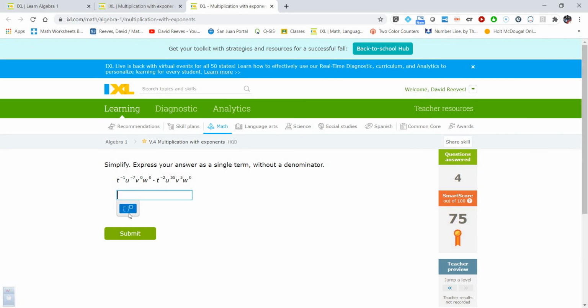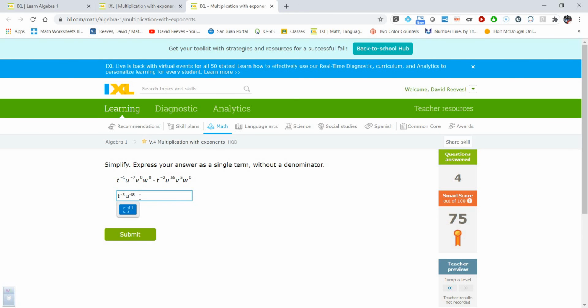Let's see if I can remember that. We had t to the, what was it? Did I have -5? Because it sure looks like it's supposed to be -3. Whoops, Mr. Reeves. T to the -3. -1 and -2, all right? And then we have u to the 48, right?